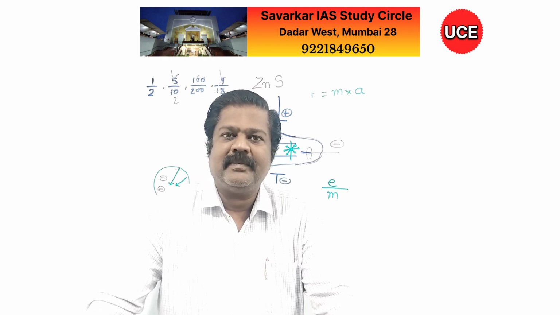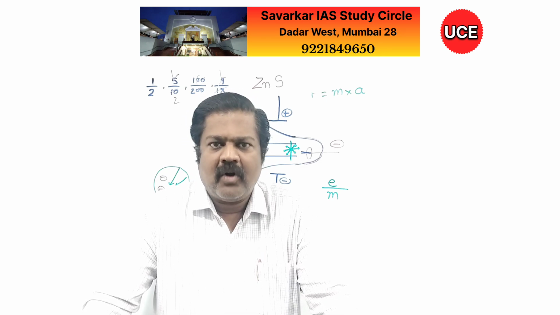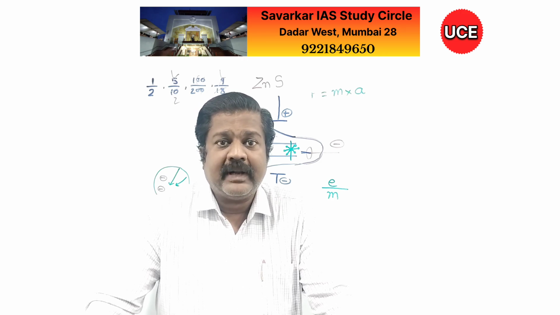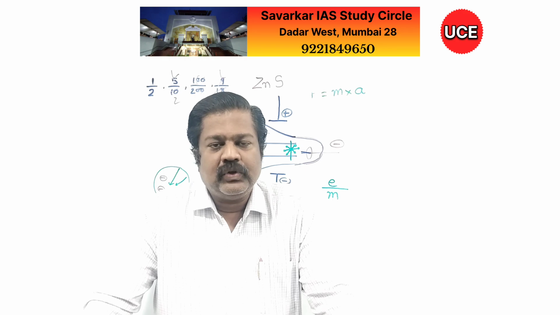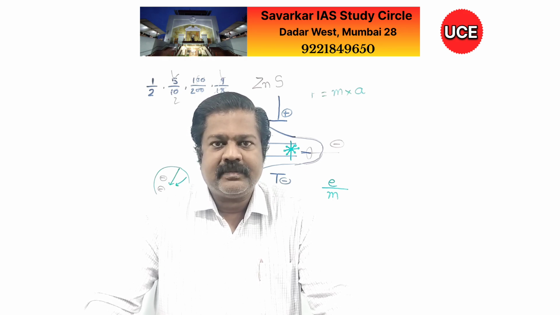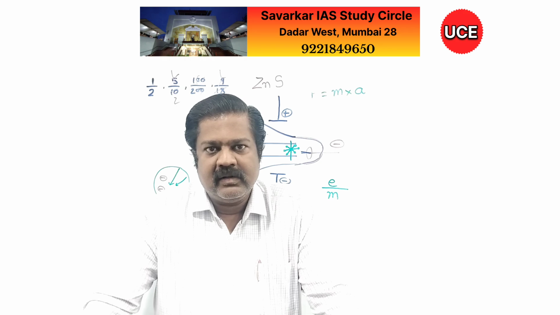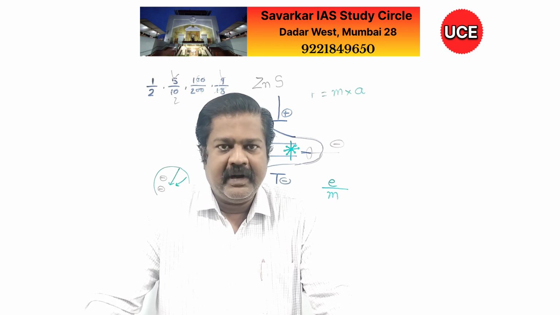It is not able to explain a variety of things like spectra. How positive and negative charges are together with each other is not explained. So various things are not explained by this model, and therefore this model is discarded. But this is the first model of an atom.